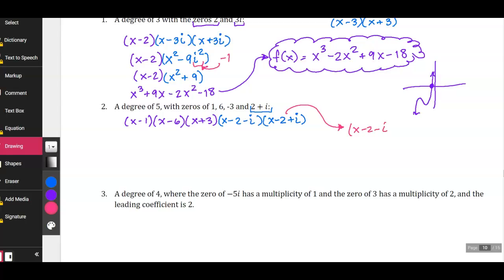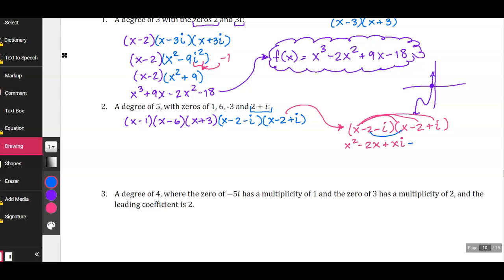Again, if you know another way to do this, if you want to do it with the box, if you want to use substitution, go for it. But this is just how I was taught. This is how I like it. So I'm going to multiply x times negative 2, x times i. So I get x squared minus 2x plus xi. Then I distribute the negative 2.